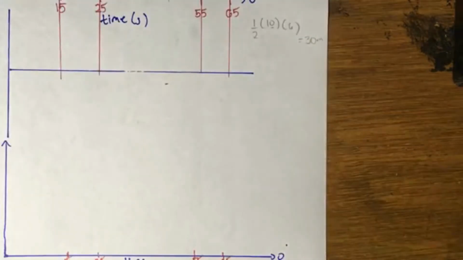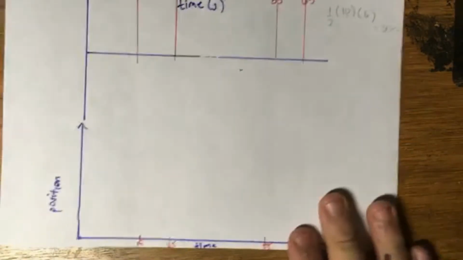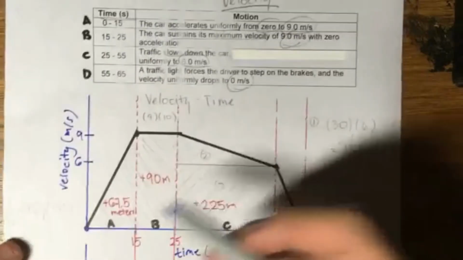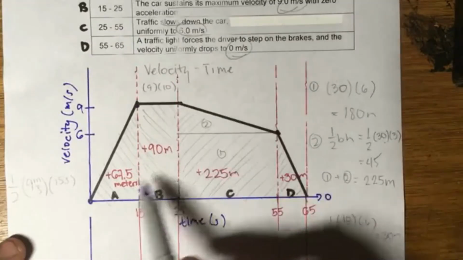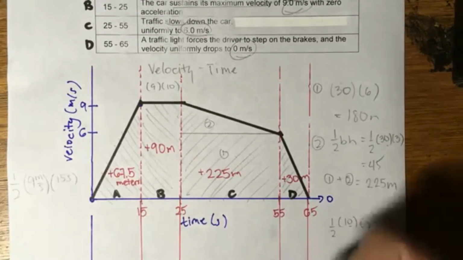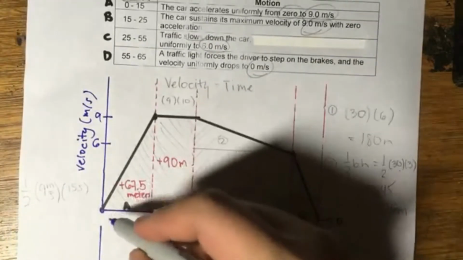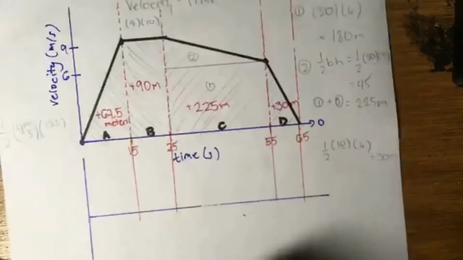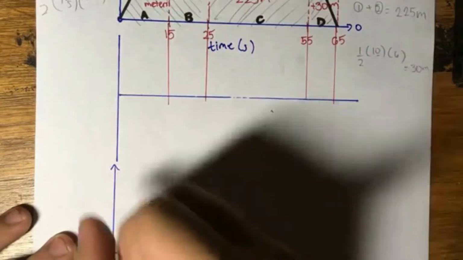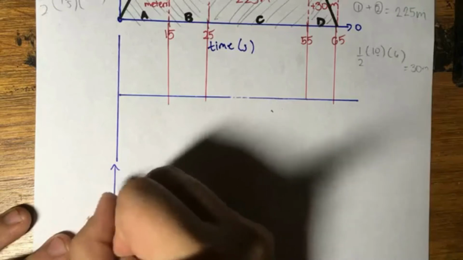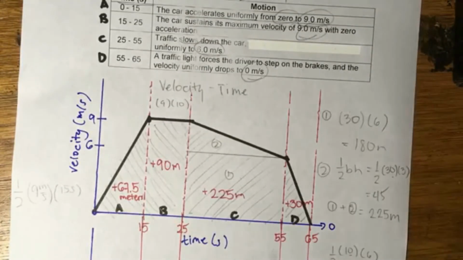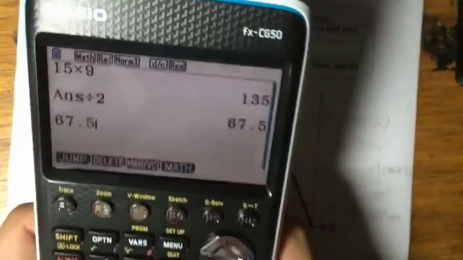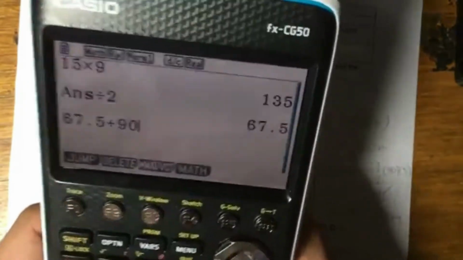So how about the position time graph? How are we supposed to do this? The values that we're going to use for position time are actually the ones that we calculated. The first bit is, because we traveled 67.5 meters forward in our acceleration phase, we simply put here 67.5. Next phase, 90. So now we can get our calculator and add the 67.5 to the 90.